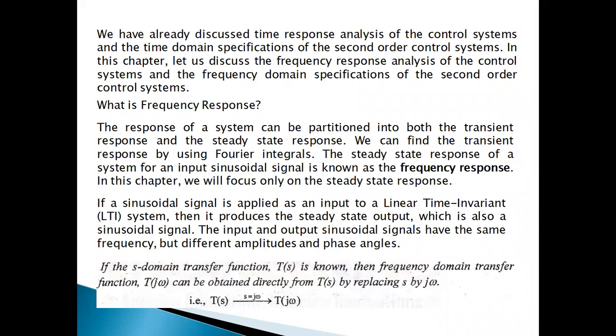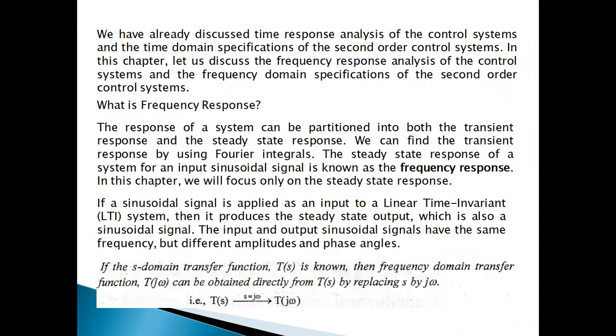First, we have to discuss the frequency domain specifications and also the definitions for frequency domain specifications, and then derive formulas for second order system response. The same steps we have done in time domain, we have to follow in frequency domain specifications.